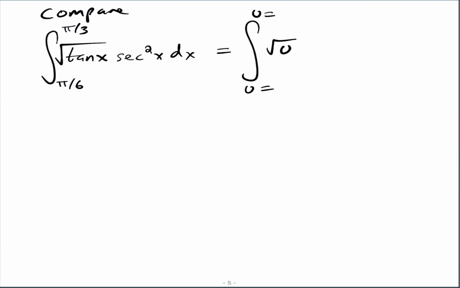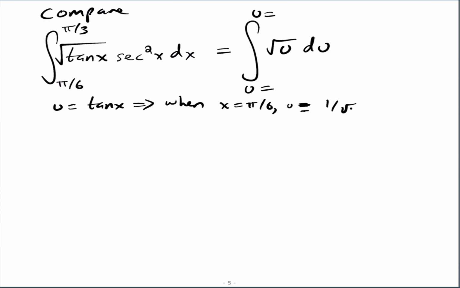If I do the first substitution where u is equal to tan x, then what would I get? When x is pi over 6, u would equal, what's tangent of pi over 6? So sine of pi over 6 over cosine of pi over 6, which is 1 over root 3. Good.